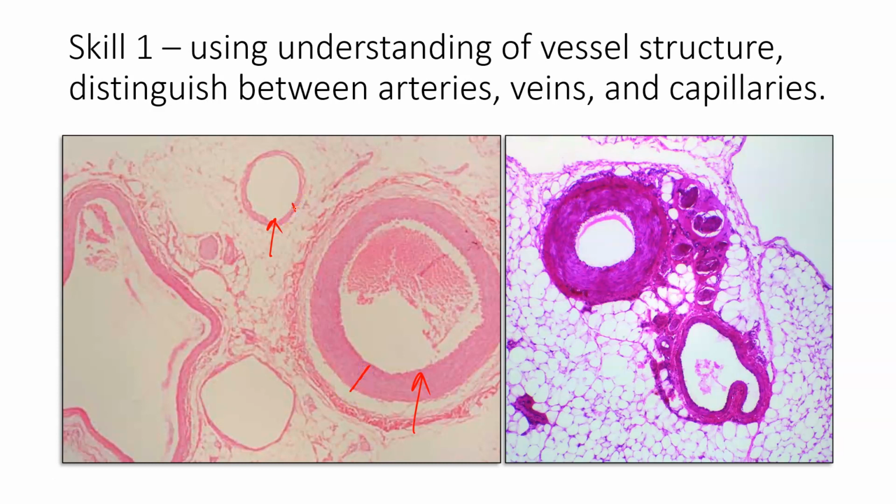It doesn't matter if this one is maybe even bigger than this one, but has a very small muscular layer. If we focus on identifying which of these belong to which category, this is no doubt an artery. It has a very thick muscular wall and a very thin interior lumen, whereas in comparison, this is a vein, this is a vein, and this is a vein.